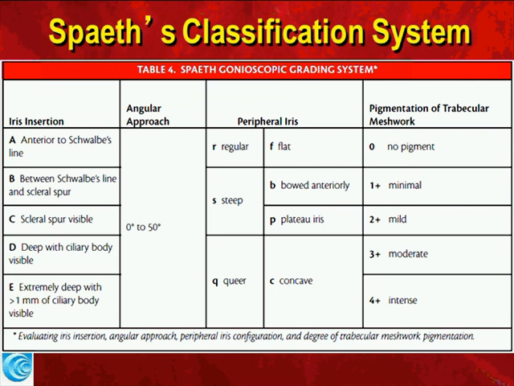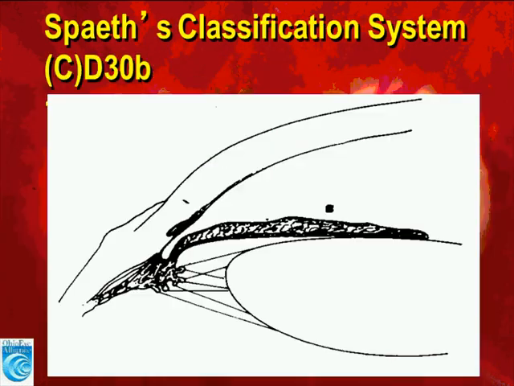And we can see this in this chart. Iris insertion, graded from A to E, angular approach from 0 to 50, peripheral iris, flat, bowed, plateau, concave, and then we grade pigmentation of trabecular meshwork. So in Spaeth's classification system, this angle would be a C in parentheses next to D, 30B.